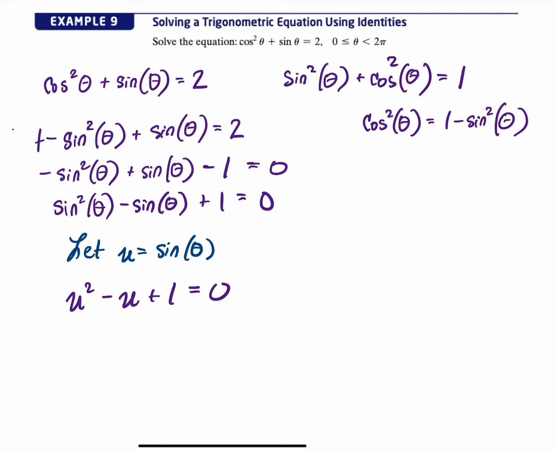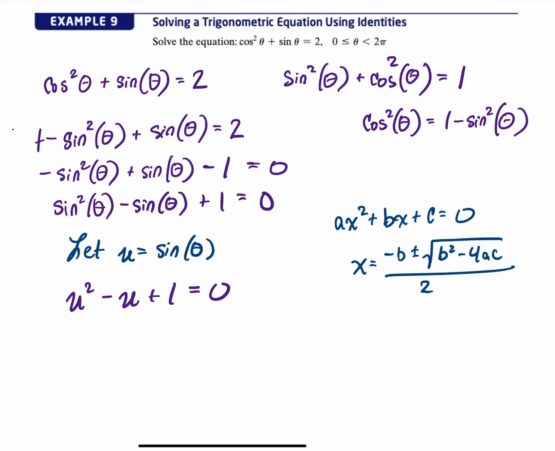So just as a reminder, if you have a quadratic, ax squared plus bx plus c equals 0, there's the equation x equals -b plus or minus the square root of b squared minus 4ac, over 2a.